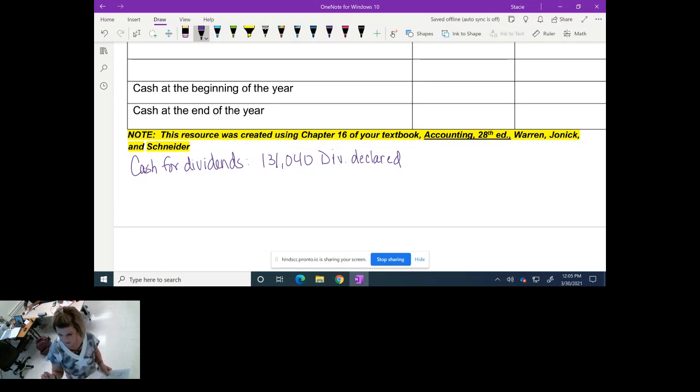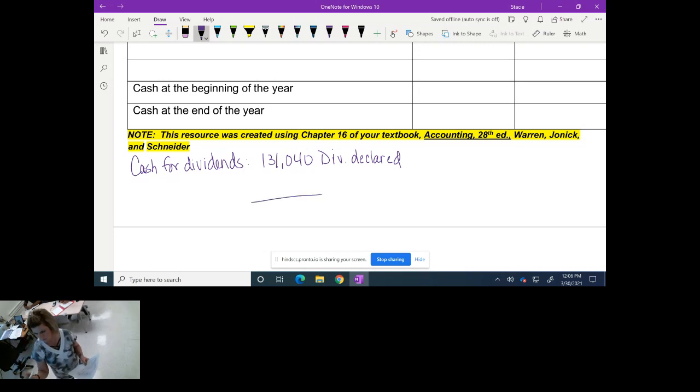It increased by 75,60. Wait a minute, what did I do wrong on that? Nothing. Dividends declared is 131,040, and dividends payable went up 7,560. What's my ending balance? 123,480.